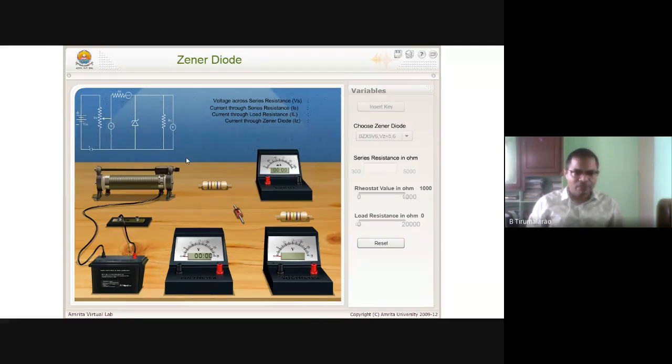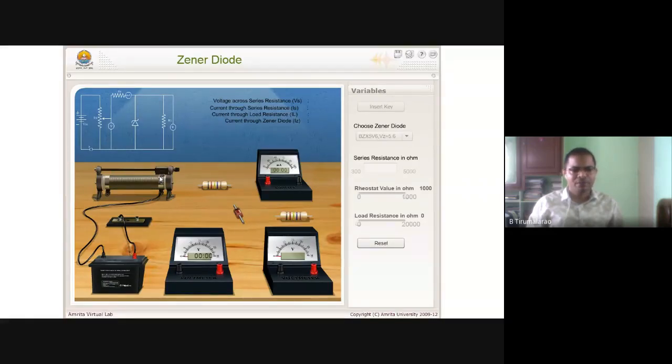In apparatus-wise, where is the battery? This is the battery. This is the key, the plug key. Next, this is the rheostat, indicated by RH. In apparatus, this is known as the rheostat.